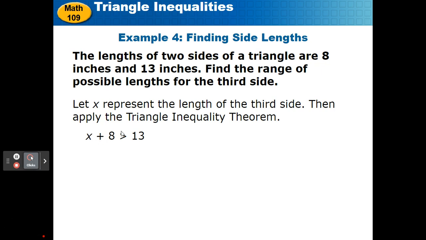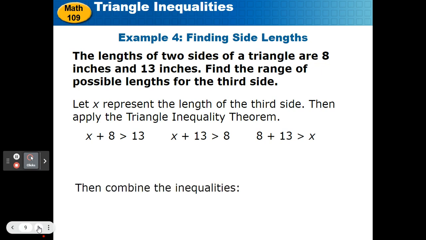Additionally, some number x plus 8 must be greater than 13. When I combine these inequalities, I see that x must be greater than 5, super. x must be greater than negative 5. That's not very helpful to me.